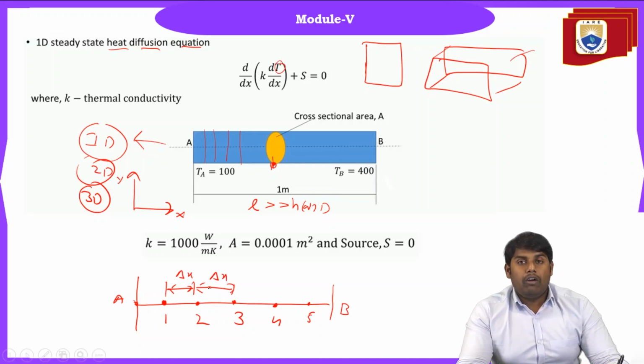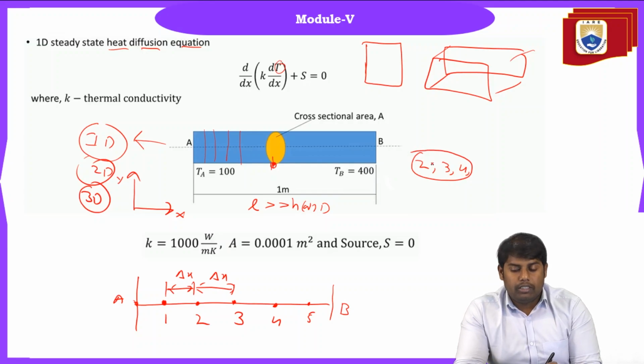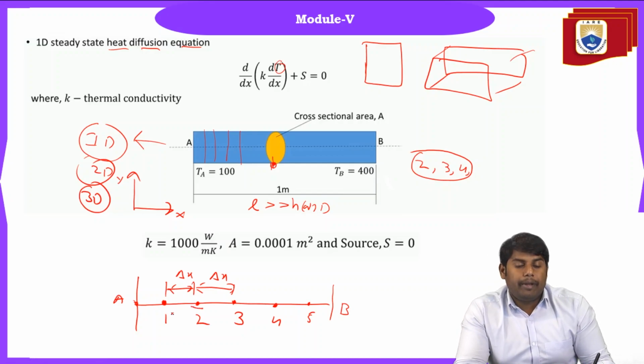So we have grid points 2, 3, 4. These are called the interior grid points, or the internal grid points, where, at 2, what is the neighboring point? What is the west node? We have 1 as the west node and 3 as the east node. Whereas for grid point 1, we have the wall.